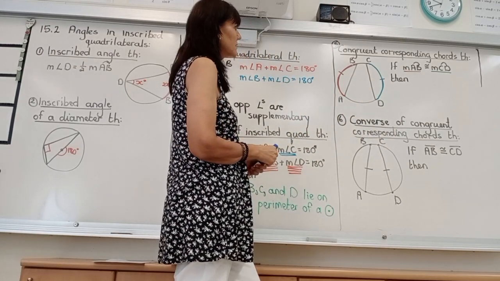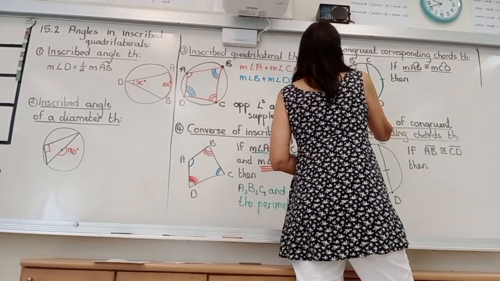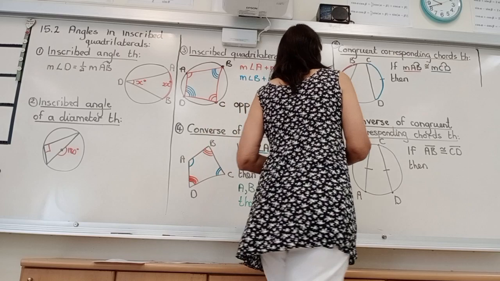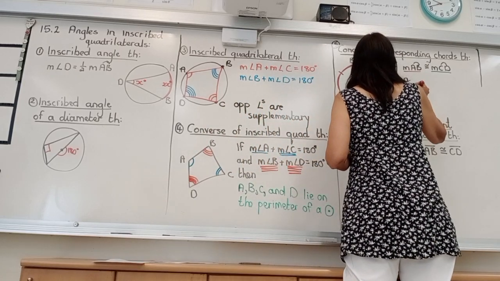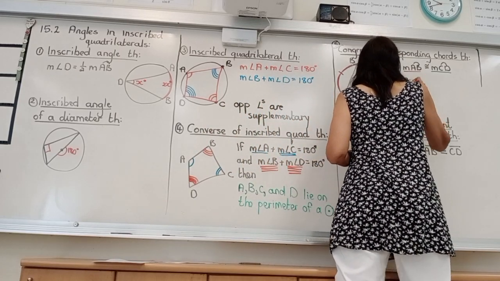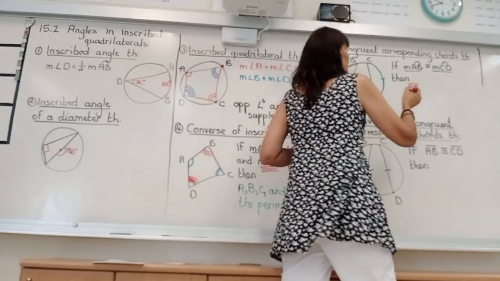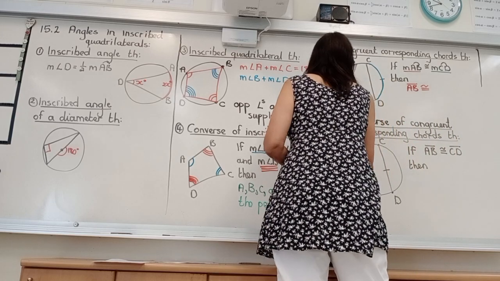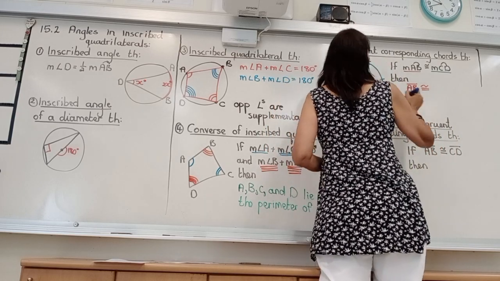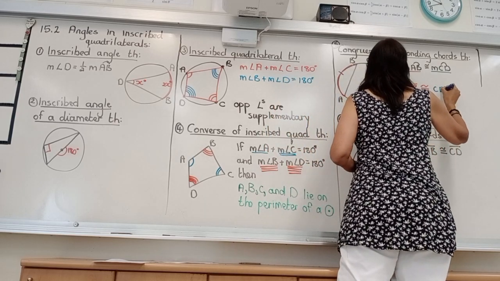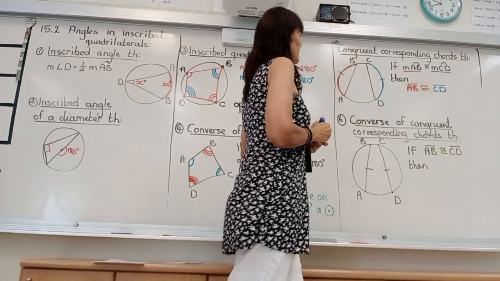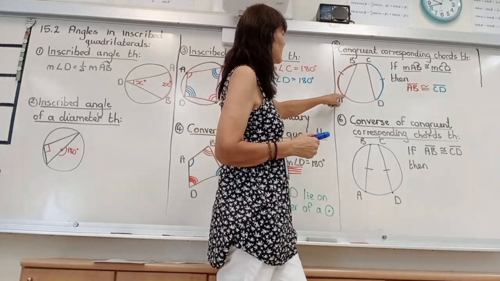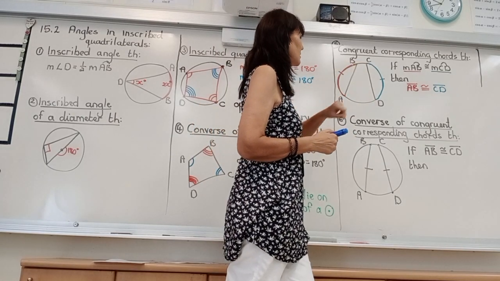What can we state? We can say that this chord from A to B, the straight line chord, is also congruent to the chord from C to D. So if the arcs are equal, the chords formed by the same endpoints will also be equal.